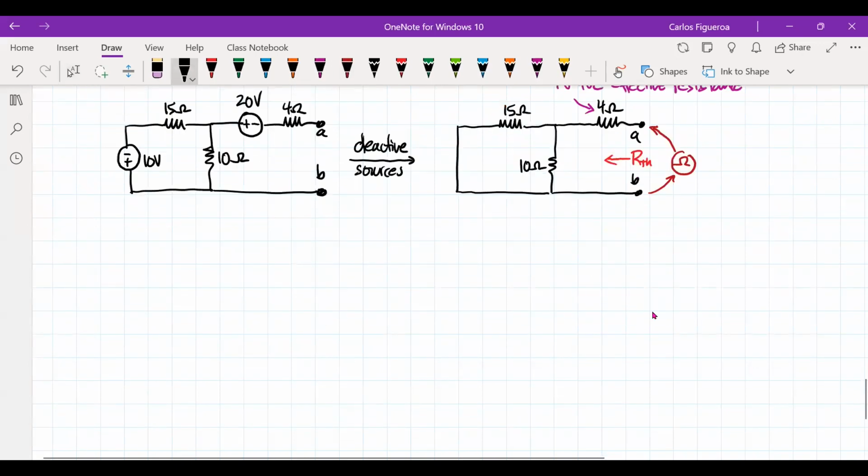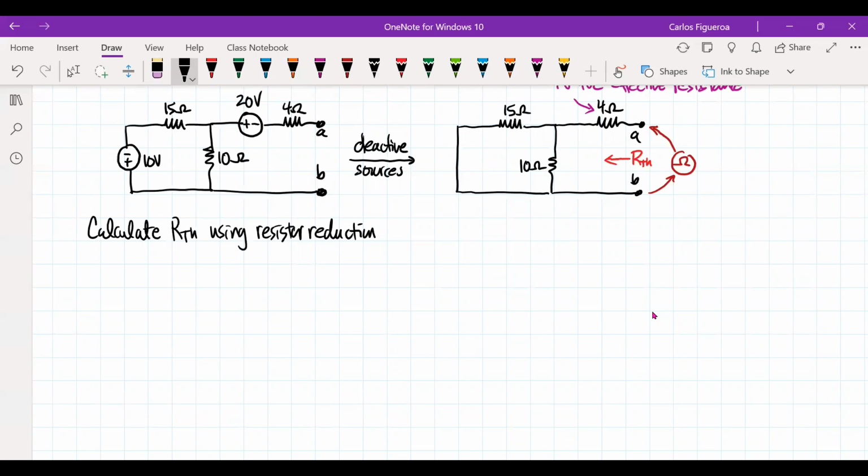So if that's the case here, what I'm going to do now is calculate RTH using resistor reduction. So I could now see here, if I follow the current, you could see how it enters the 4, and then it splits between the 15 and the 10, and then it recombines to get to the B node.